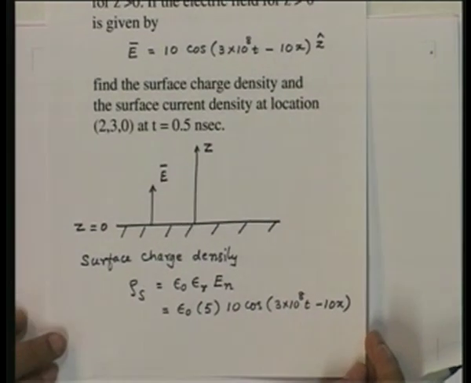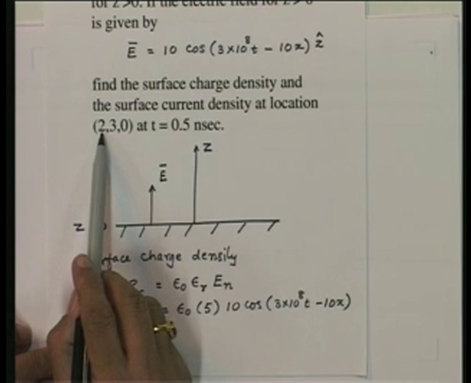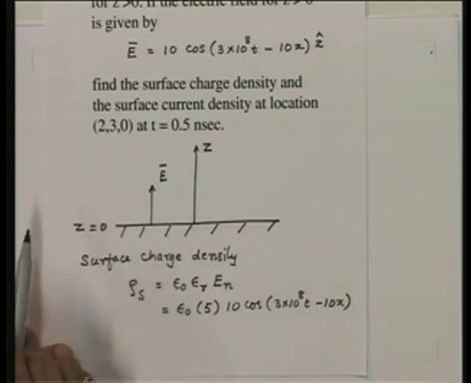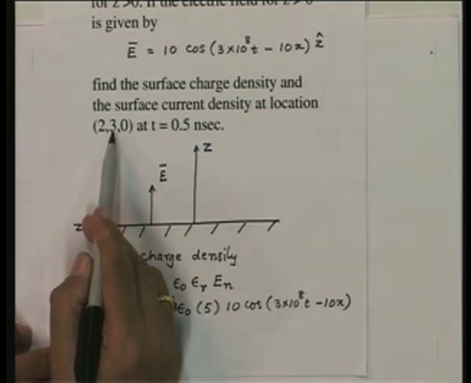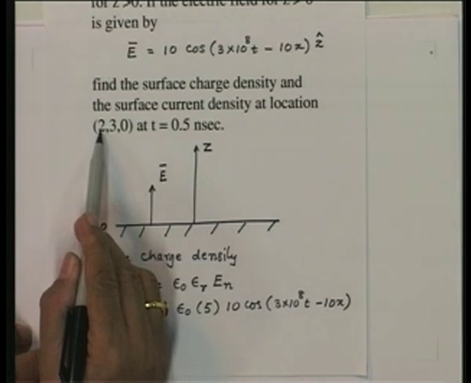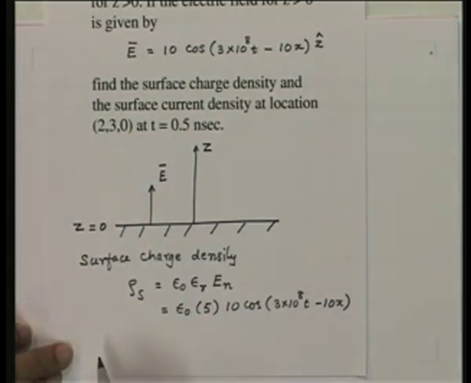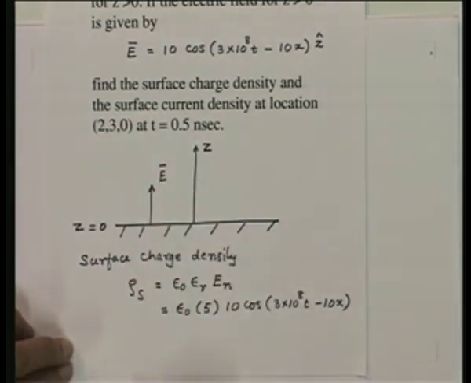So if I substitute now the location which is 2, 3, 0, since this is not depending upon the y coordinate or the z coordinate, essentially the x coordinate which is 2 will play a role here. So I can substitute x equal to 2 in this, and I can substitute t equal to 0.5 nanosecond.